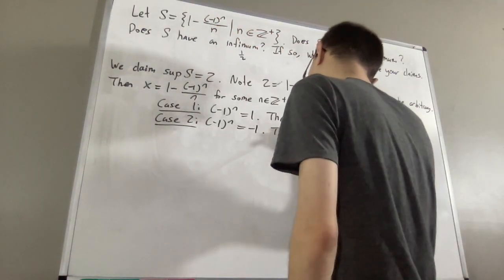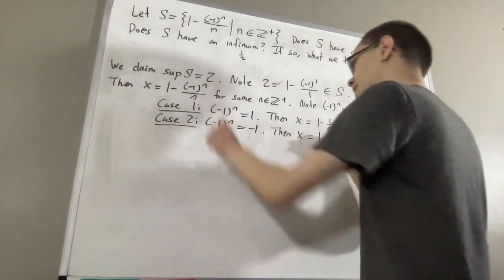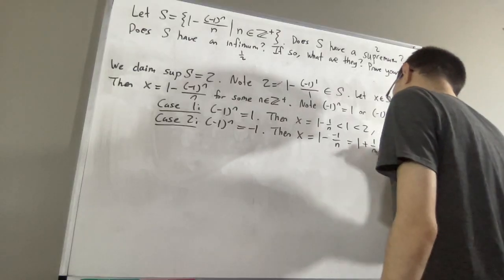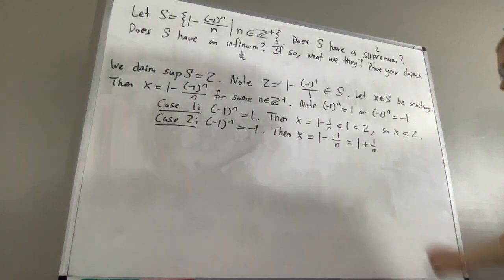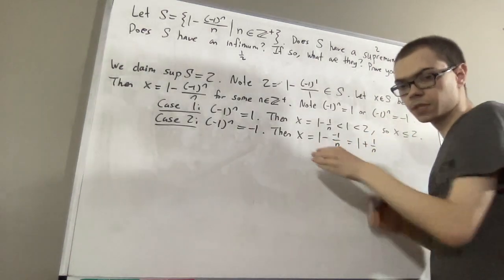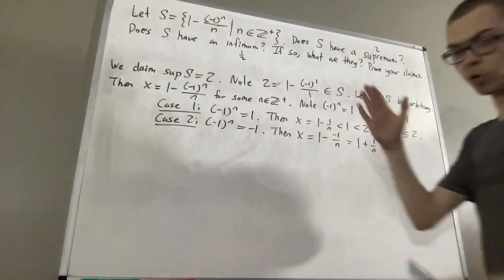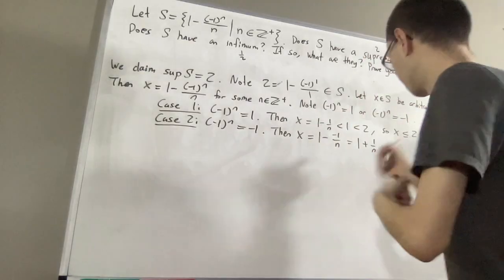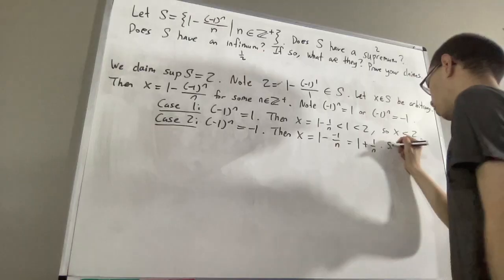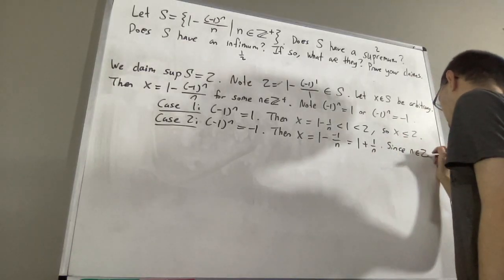Well then in that case, x is equal to 1 minus negative 1 over n, which is equal to 1 plus 1 over n. But now we need to make the observation that 1 over n is less than or equal to 1. Just like we did in the previous example, right? So, since n is a positive integer, we know that n is greater than or equal to 1.